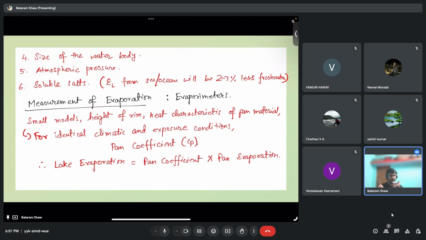So we'll move to the next question: how does humidity affect the evaporation? Can anyone tell? I just discussed all this.